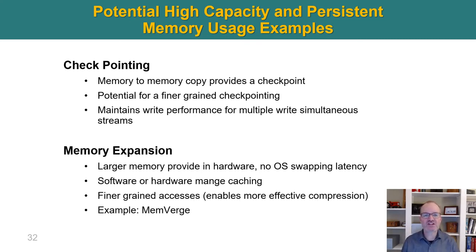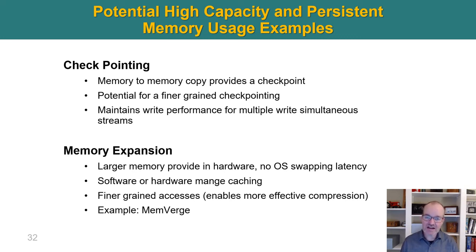Memory expansion is another, I think, clear case here, and I'm going to show you one on the next two slides actually, where obviously Optane persistent memory has a much larger capacity than DRAM. And so if you need high local memory capacity, not at the same bandwidth as DRAM, but at a lower bandwidth, so you can build a hierarchy of working sets, then Optane persistent memory is a great solution for you because it gives you that high capacity at a reasonable cost.